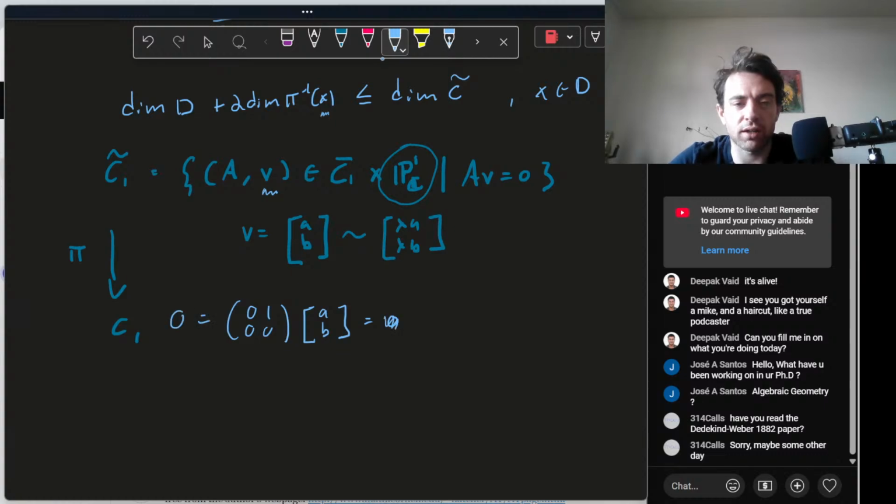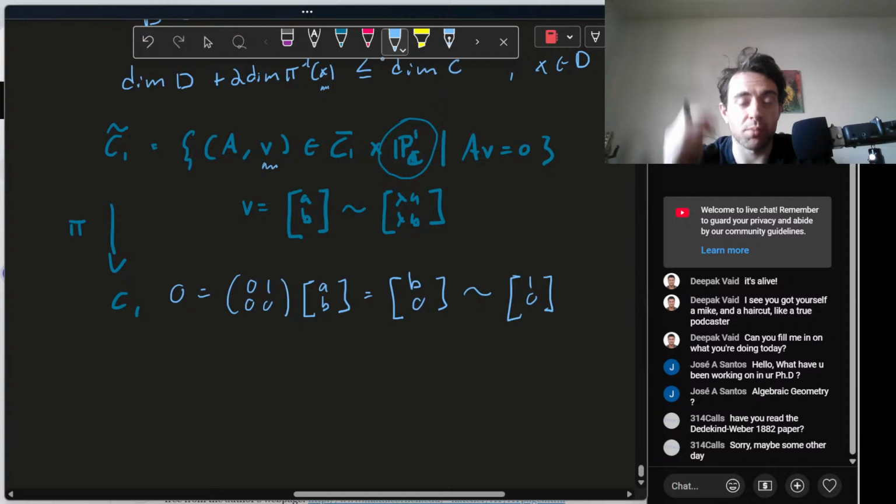Maybe I should write it on that end. But if we multiply that through, this is just B0. But this is projective space, so that's the same as this point. So the fiber has dimension 0.